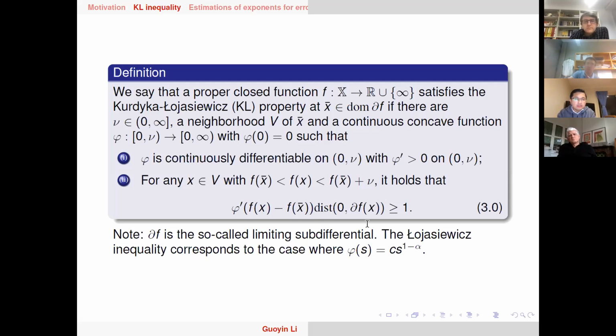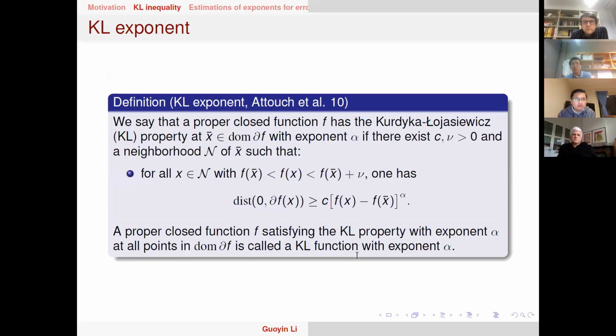But of course, with the desingularizing function phi here, the original exponent disappears. We want to keep this exponent, so we define the KL exponent this way. It means that the desingularizing function takes the form of the previous one, c times s to the power 1 minus alpha. If that's the case, we call the corresponding alpha the KL exponent of the property.